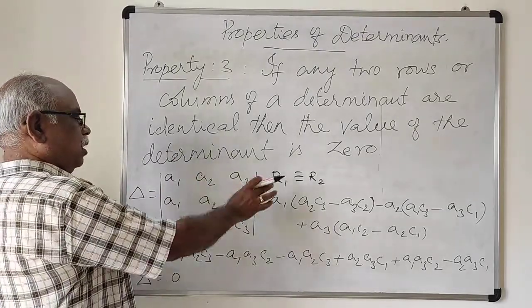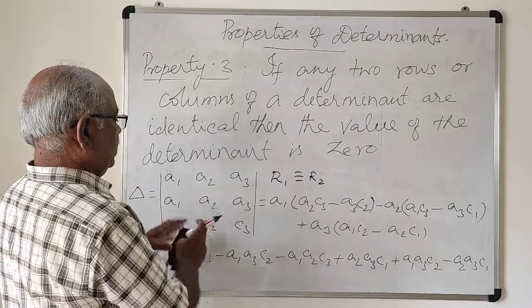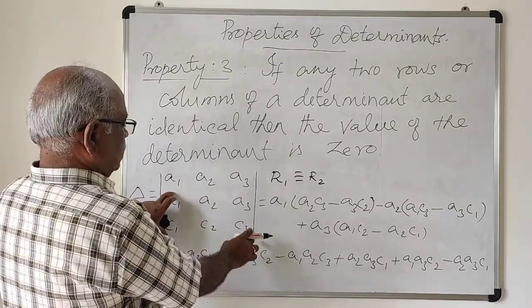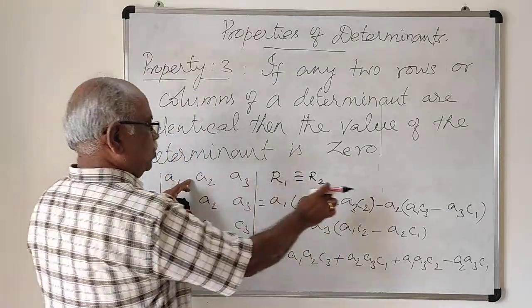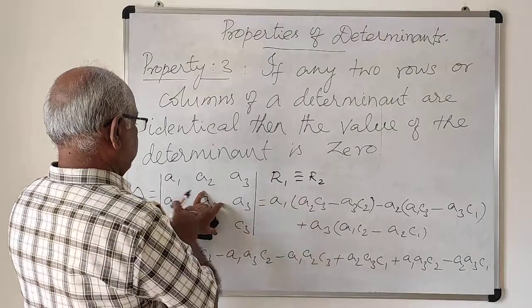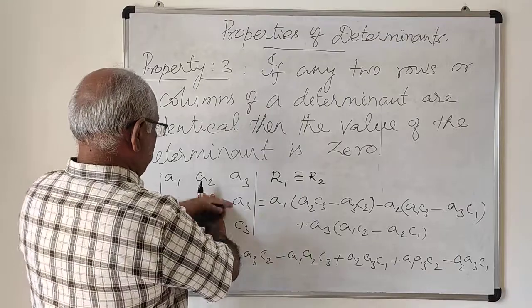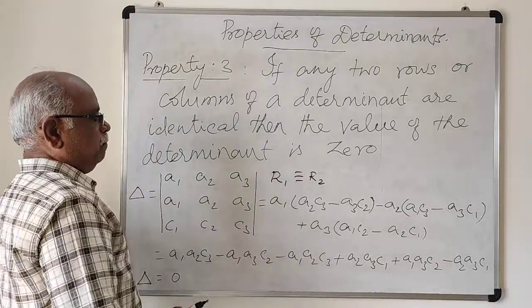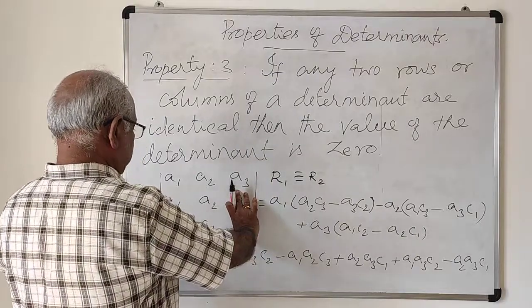Expanding this along R1: A1 into (A2 C3 minus A3 C2), next element minus A2 into (A1 C3 minus A3 C1), eliminating this column, plus A3 into (A1 C2 minus A2 C1).